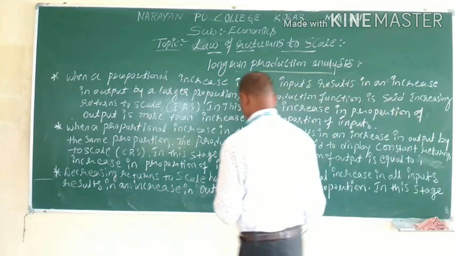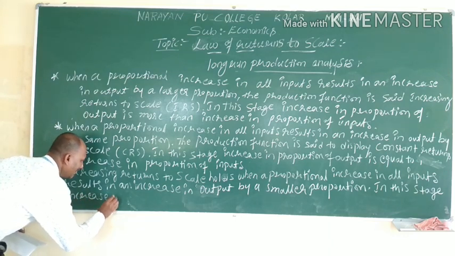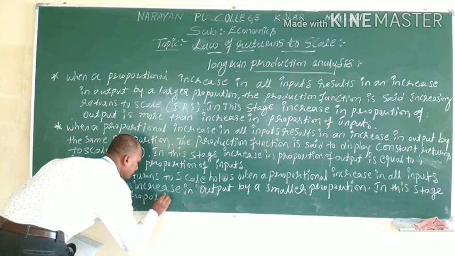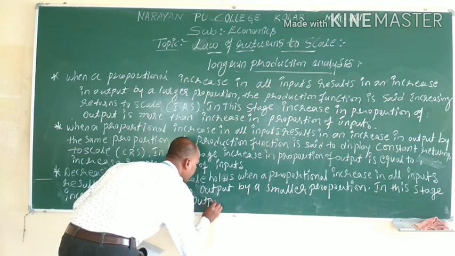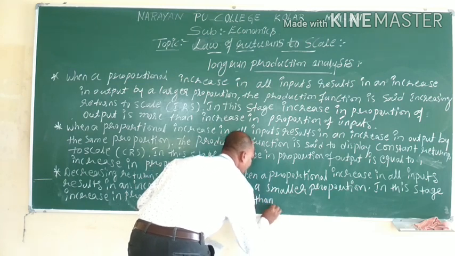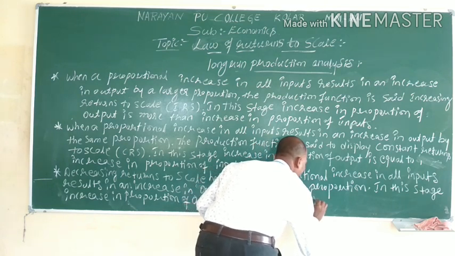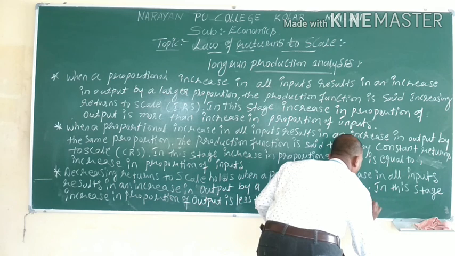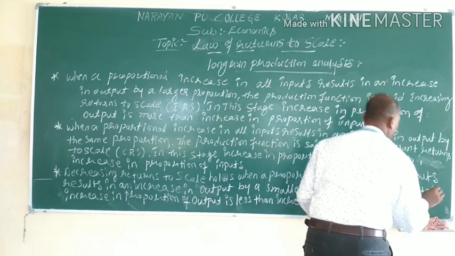In this stage, the increase in proportion of output is less than the increase in proportion of input.